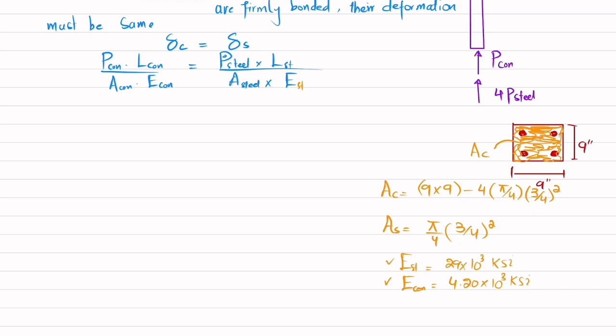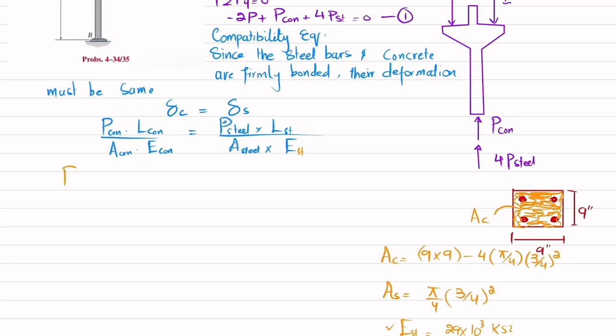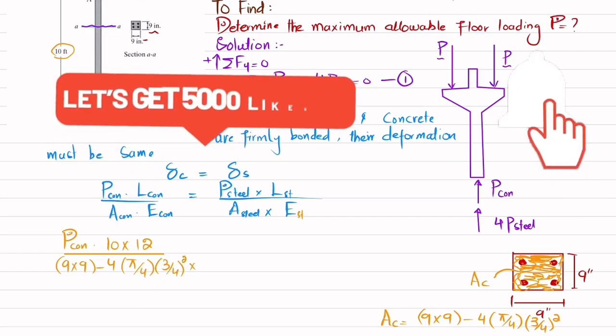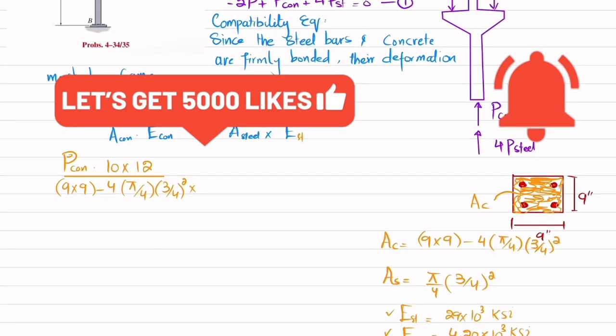Now you have all the values. You do not know P concrete, so P concrete will be there, into the length of this concrete column, which is 10 feet. So 10 into 12 is 120 inch; we are converting it into inches. This is divided by the area of concrete, which is 9 by 9 minus 4 times pi by 4 into (3 by 4) squared, and E of concrete, 4.20 into 10 raised to power 3.